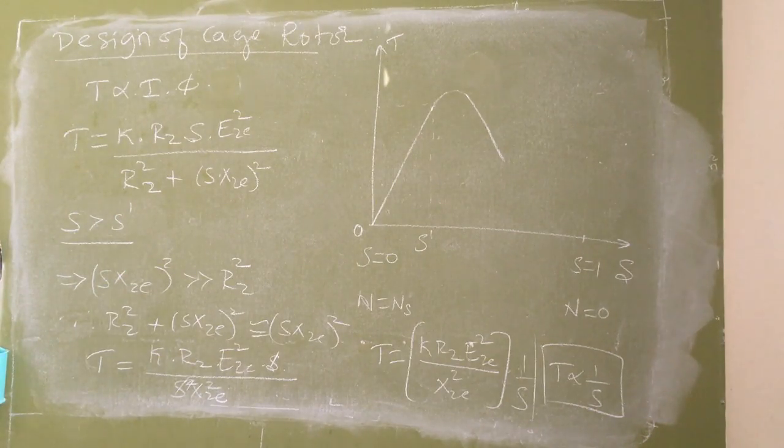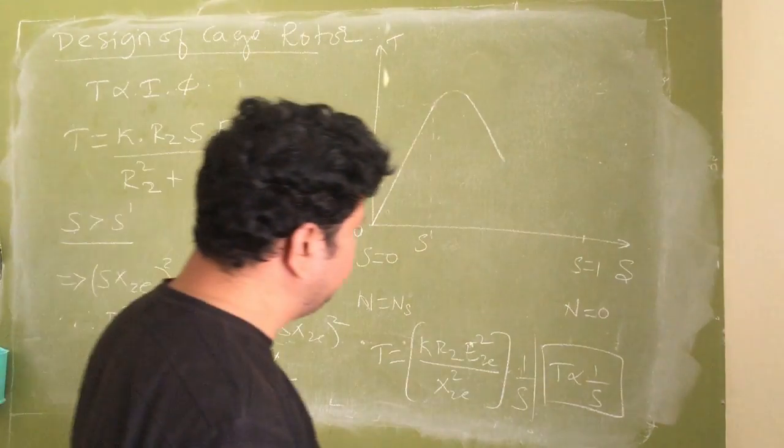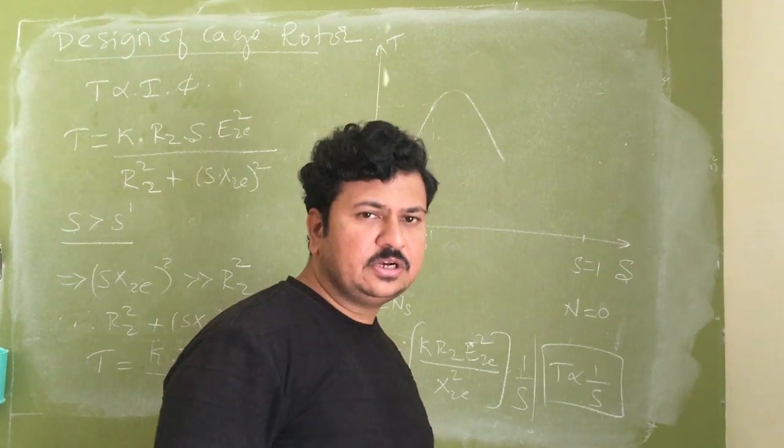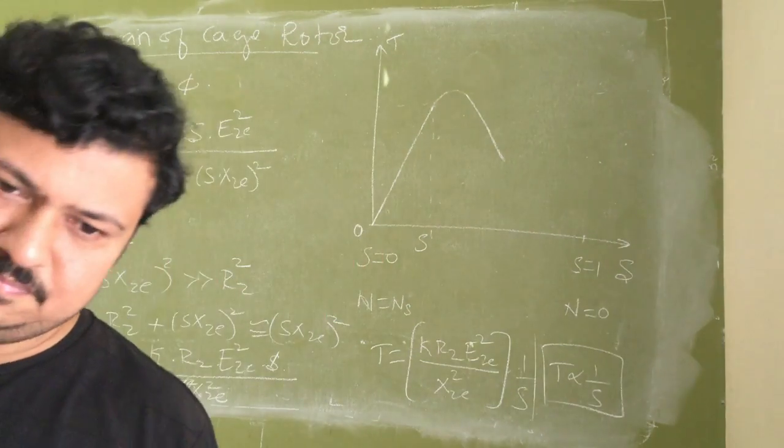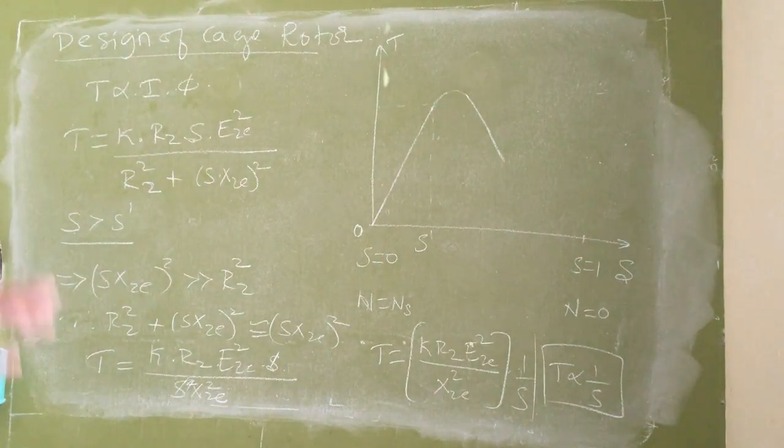Now third case, when S is equal to 1, what is my torque produced? When S is equal to 1, my speed becomes 0. As per the equation, I will get my starting torque.